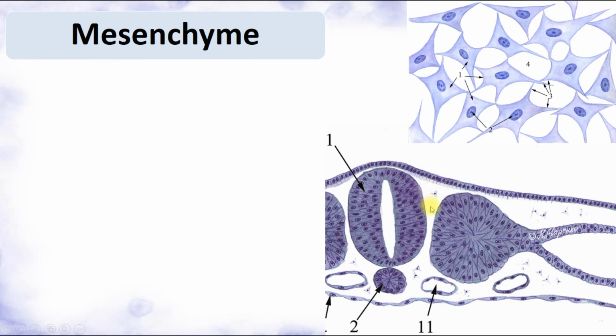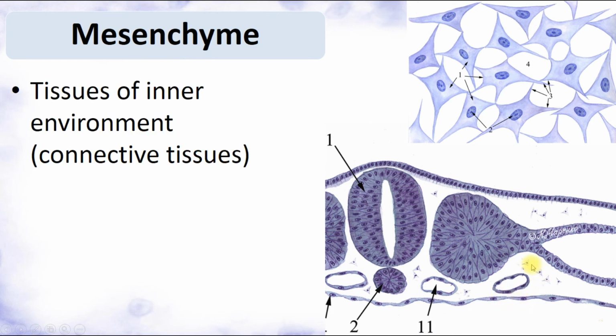And undifferentiated mesoderm, mesenchyme, is left. So what will develop from mesenchyme? Mesenchyme forms tissues of inner environment, connective tissues, fibrous connective tissue, adipose tissue. Almost all connective tissues develop from mesenchyme.